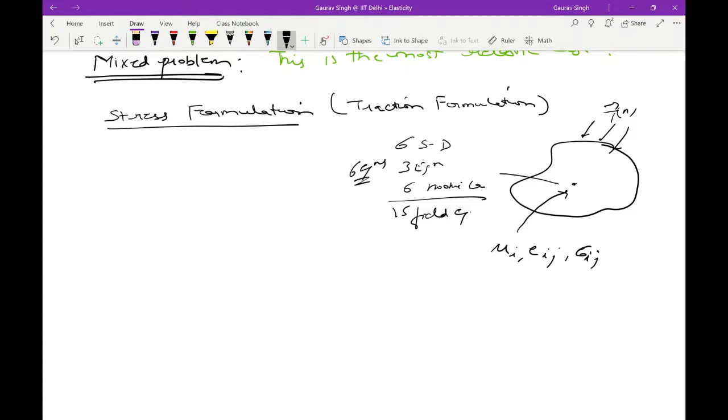We want to start with the compatibility equation, just because they are valid. They are valid, maybe not adding new information, but they are valid at this point of interest.